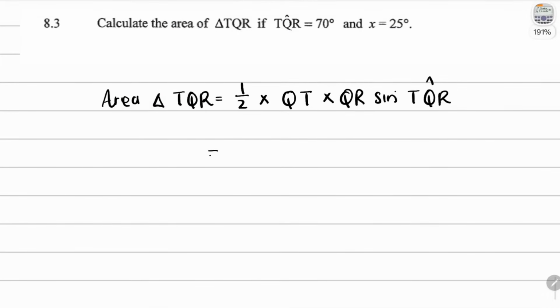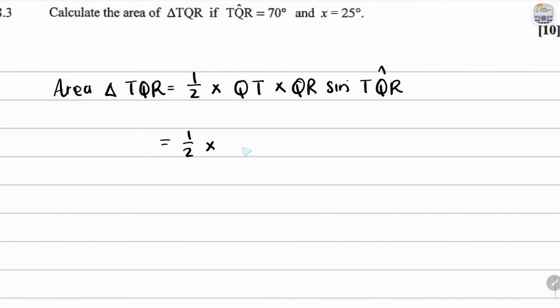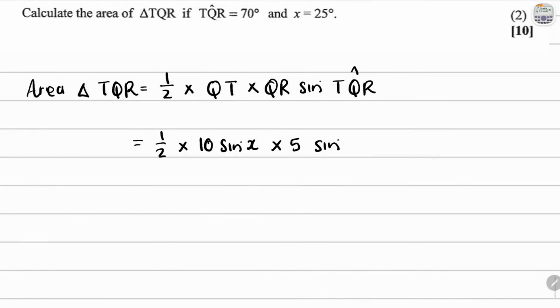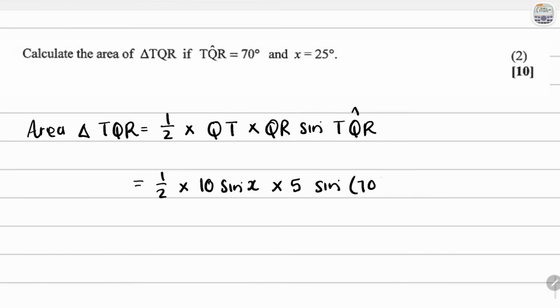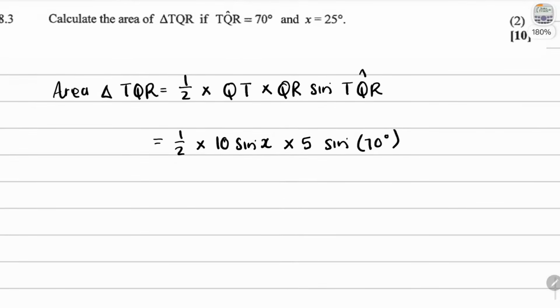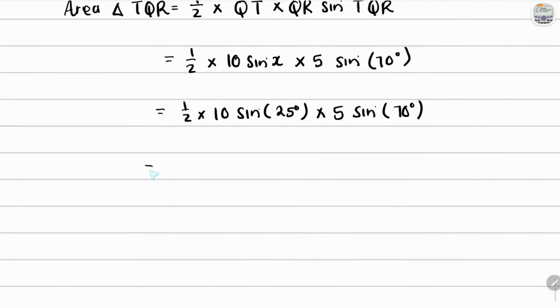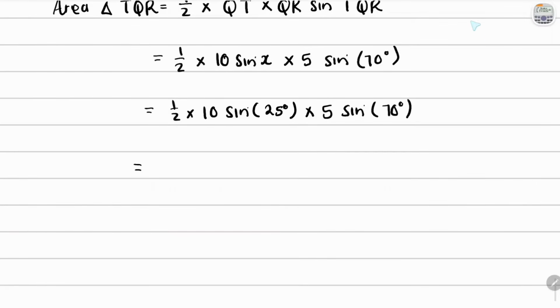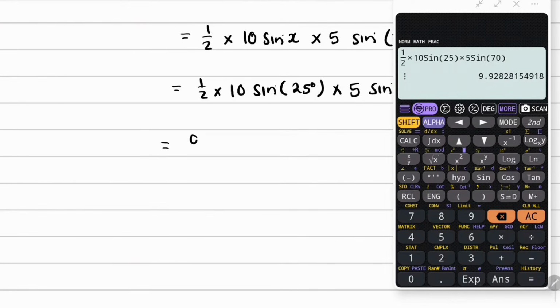So this is equal to a half multiplied by QT, which is 10 sine x, and multiplied by QR, which is 5 units, and then sine of this angle, which we know is 70 degrees. So we're just going to substitute where necessary. In place of x, we can substitute 25 degrees because they told us that already. So it looks like that. And then finally, let's just find that answer. And that area is equal to 9 point, and that's going to round up.